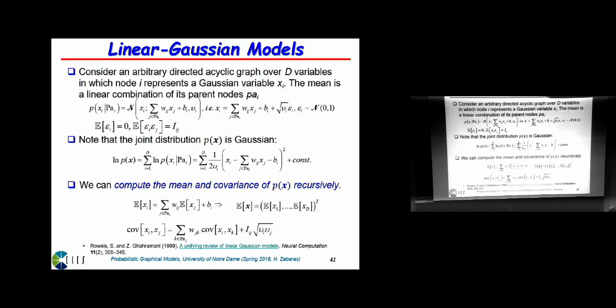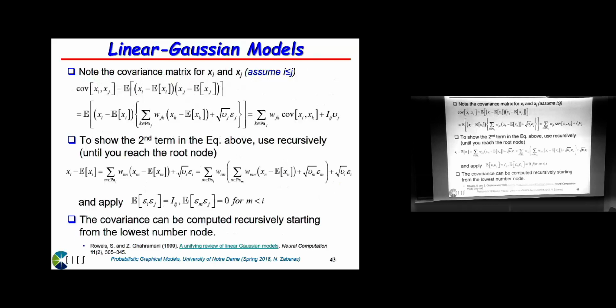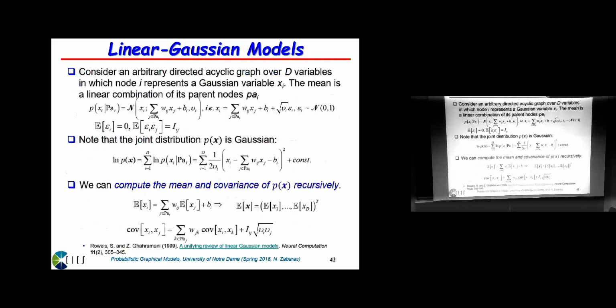I'm leaving the proof as part of your homework. If you want to look at it, it's algebra, all right? But bottom line, this is how you compute expectations. This is how you compute the covariance.